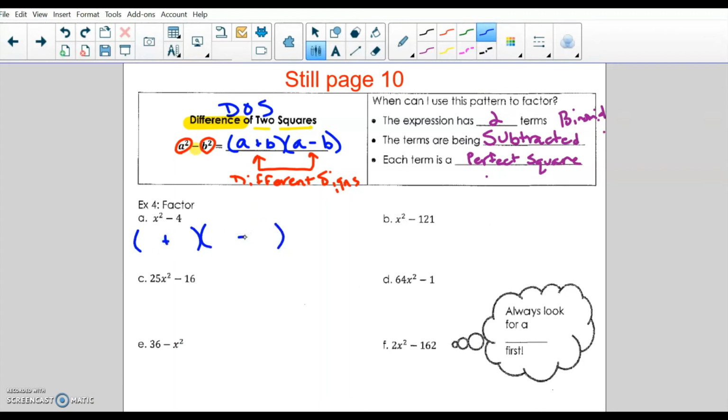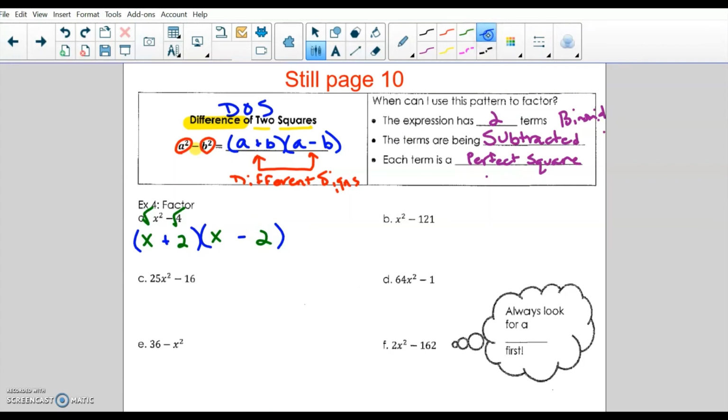You have different signs. We're supposed to square root each term. The front goes in the front, the back goes in the back. So x squared is in the front, so x goes in the front of the answer. The 4 is in the back of the problem, so the square root of 4 goes in the back of the answer. And that is the answer to the factorization for A.